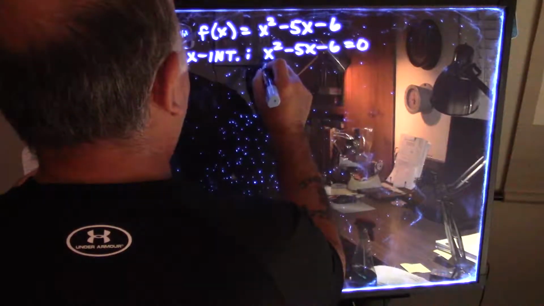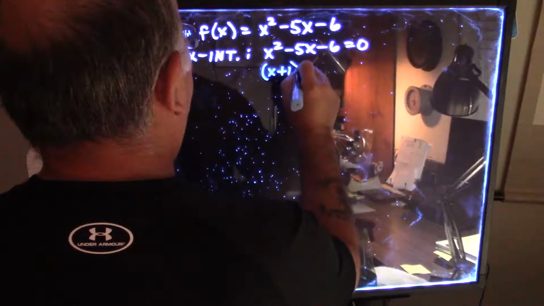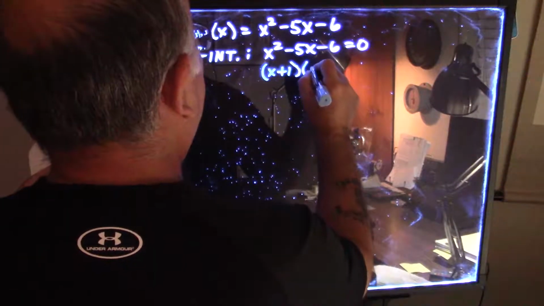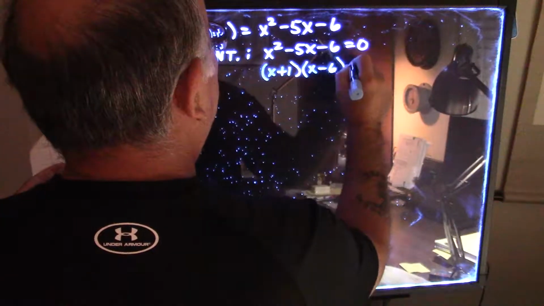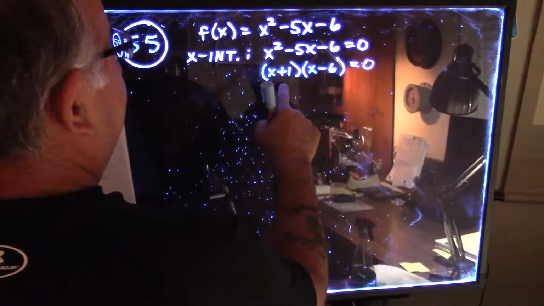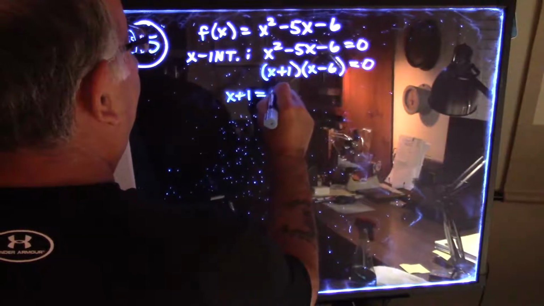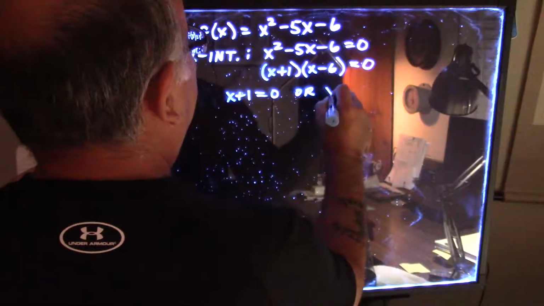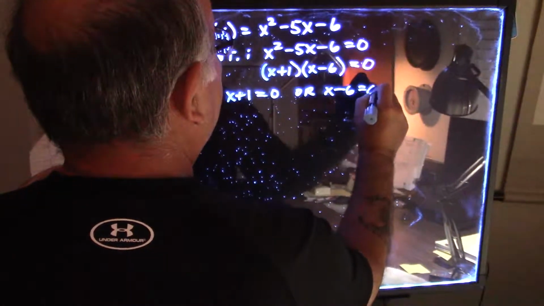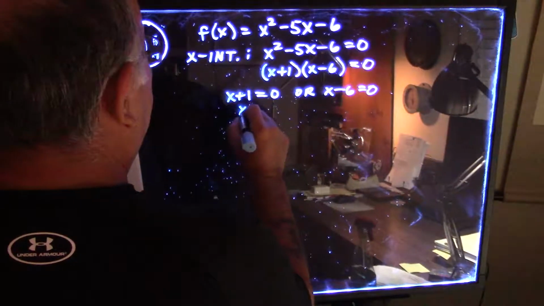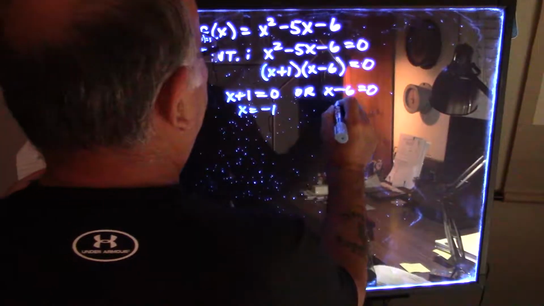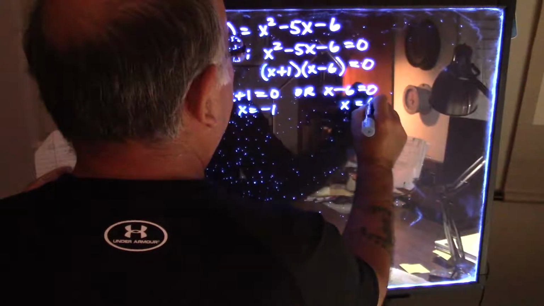This is (x plus 1) and (x minus 6). So this times this equals 0, so that means that x plus 1 equals 0, or x minus 6 equals 0. So x equals -1 or x equals 6.